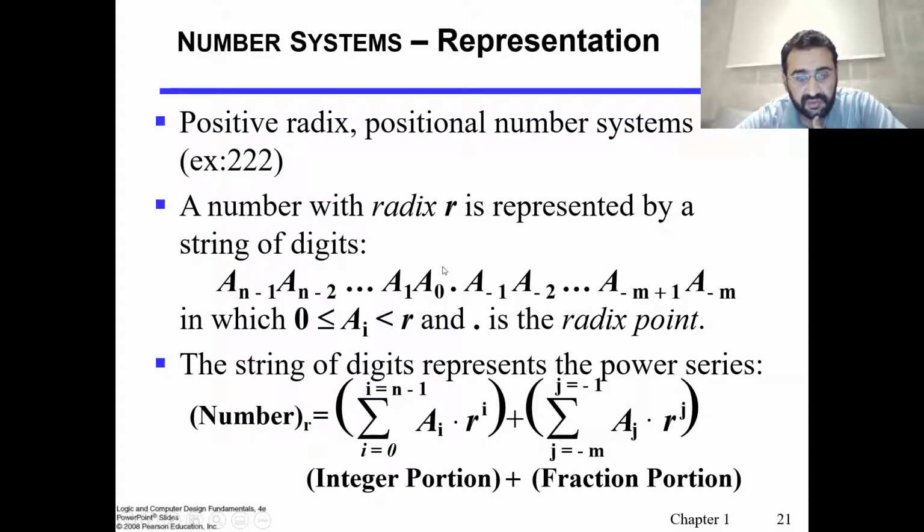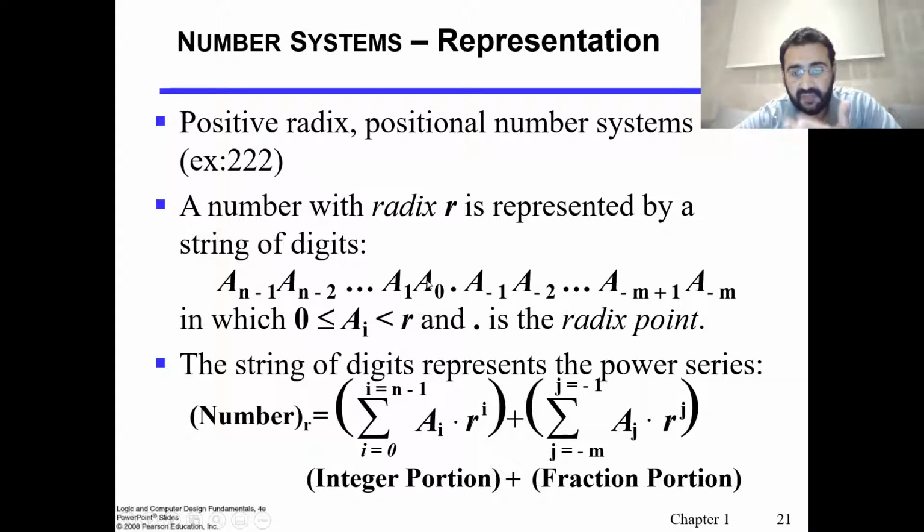So for the first element, the value is ai, which is a0, multiplied by r to the power of 0. If r is 2, this will be the value of the digit that is here.